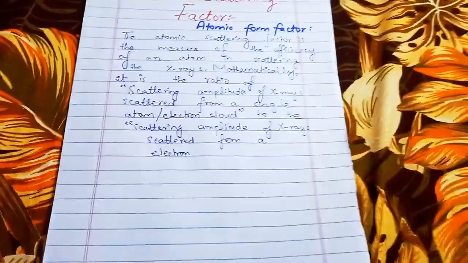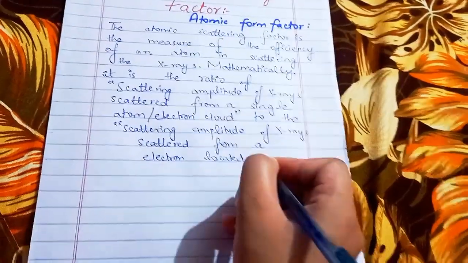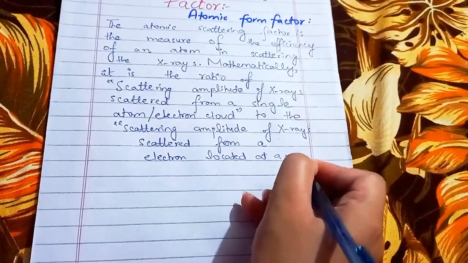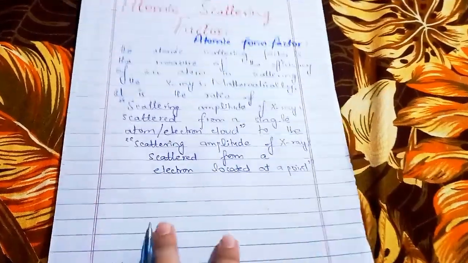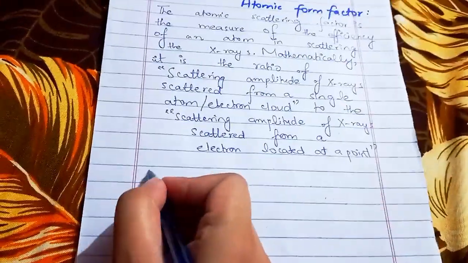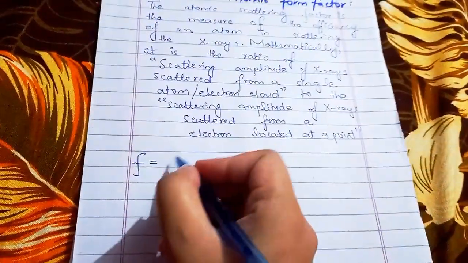From my electron means it's a single electron located at a point which is localized at a particular point. Okay, we'll understand it.